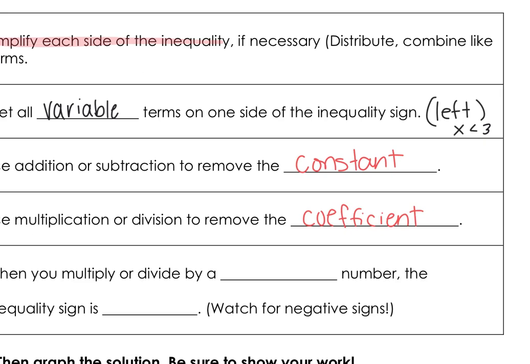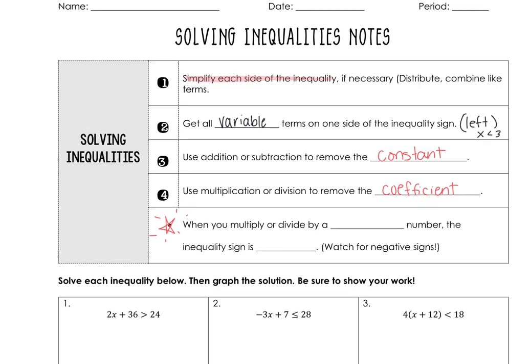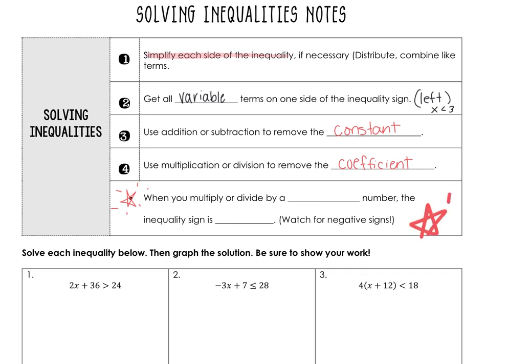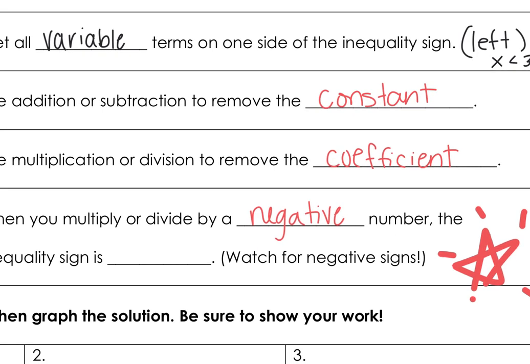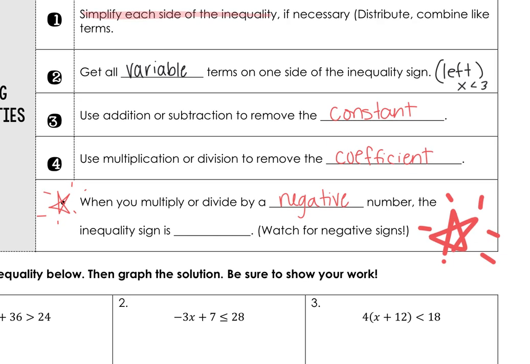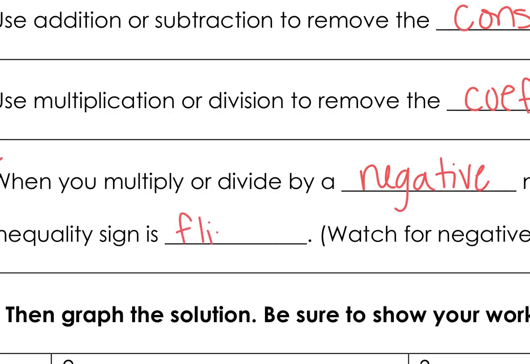Now, here is the one thing that we need to highlight. This is a big, do not forget this. Right here, this little note that I'm about to tell you, is that in step 4, if in that last step you multiply or divide, which normally it's going to be divide, by a negative number, the inequality sign is flipped.